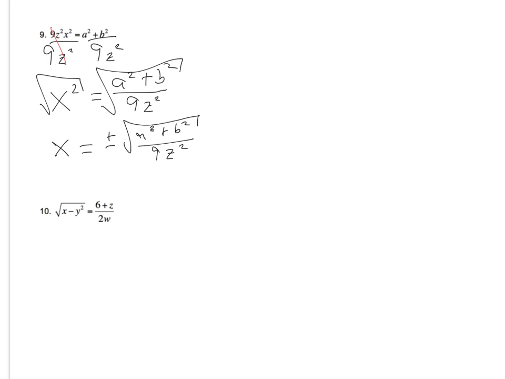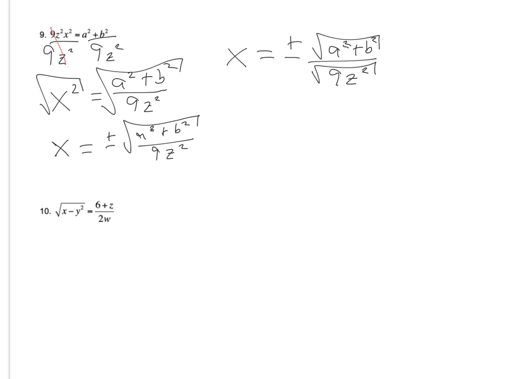In this case, however, when you have a fraction, you can take that square root and do the square root of the top and the square root of the bottom. So I can write this as the square root of a squared plus b squared divided by the square root of 9z squared.